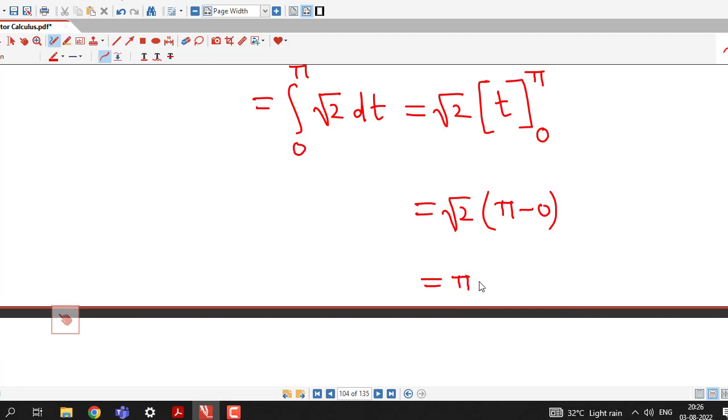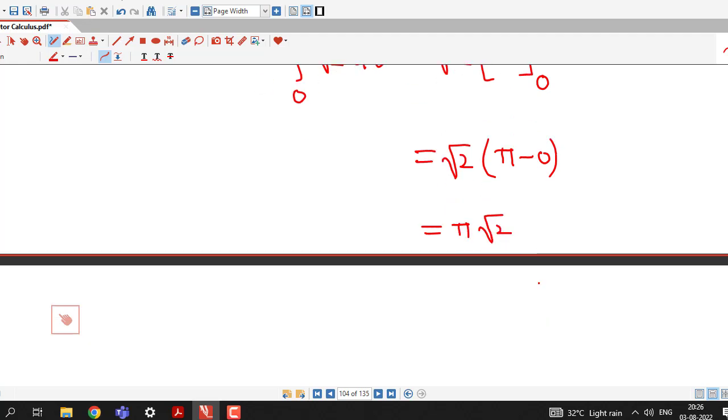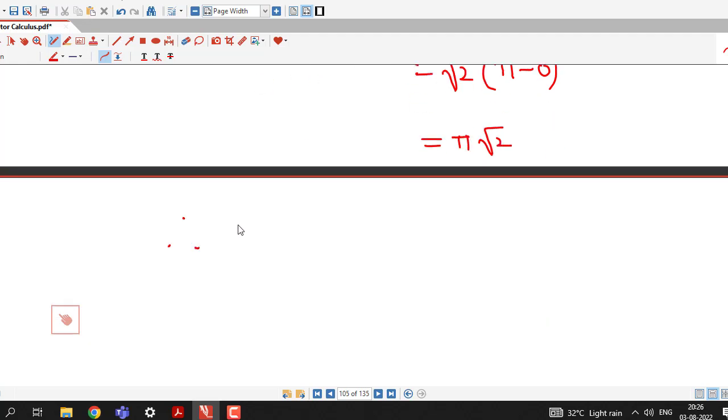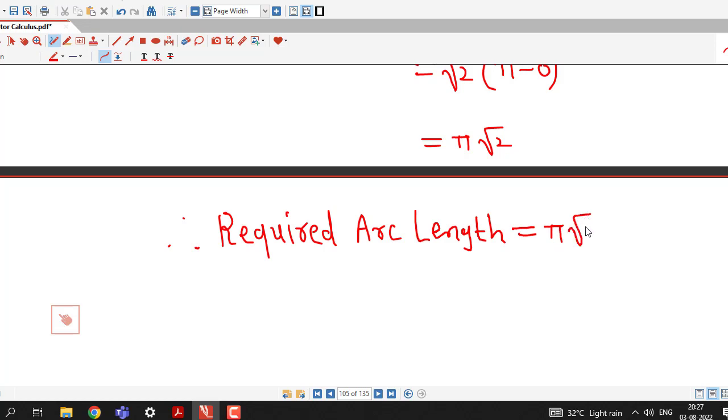Therefore the length is pi times root 2. So the required length of the portion of the circular helix is pi times root 2.